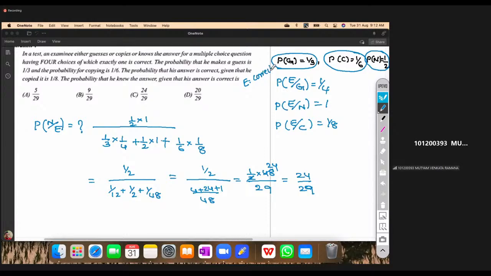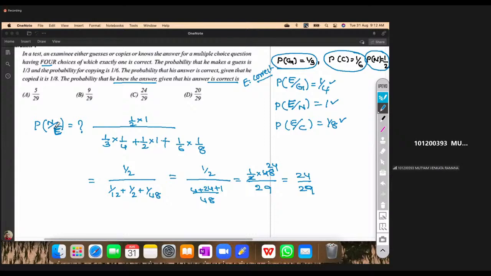There are 4 choices, so 1 out of 4. I'm assuming there is a single correct answer only. When he knows the answer, obviously the probability will be 1. And when he copies, the probability of getting the correct answer is 1/8. Now, the probability that he knew the answer, given that the answer is correct.